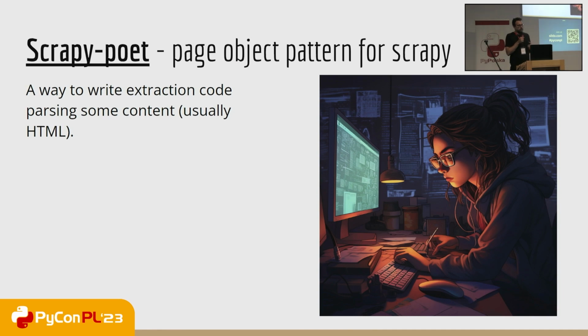So we have quite a lot of Scrapy code and quite a lot of Scrapy projects. And basically, the question is how to write those spiders and the extraction code in a good way, which is easier to maintain. I'm talking about the code that is parsing HTML, right? So extraction code specifically, because that's the most problematic thing.